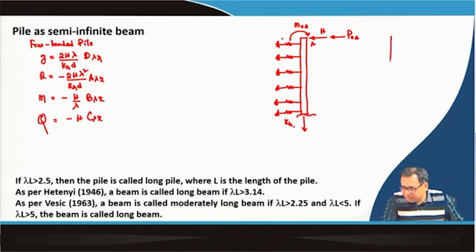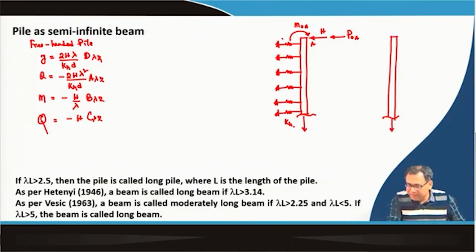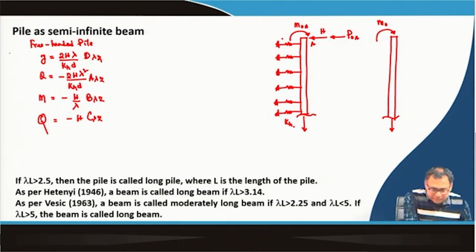Similarly, for the moment, this is the infinite direction, and h is acting in this direction. Moment is acting on this side. So, for the moment we can apply that this is for h and this is for M0.